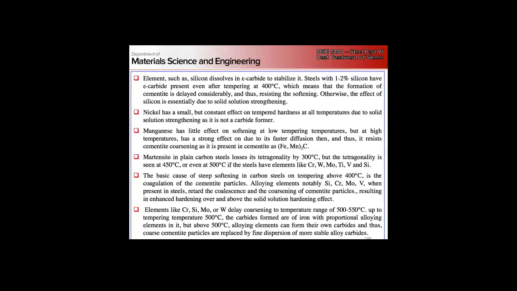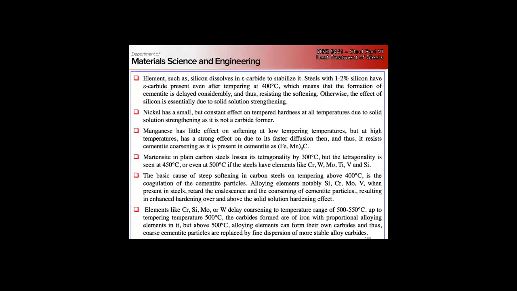We don't coarsen our carbides. In plain carbon steels, we said martensite loses its tetragonality by 300 degrees, right? But if the steels have chromium, tungsten, molybdenum, titanium, vanadium, silicon, high carbide formers, we can actually retain the tetragonality up to 500 degrees C.